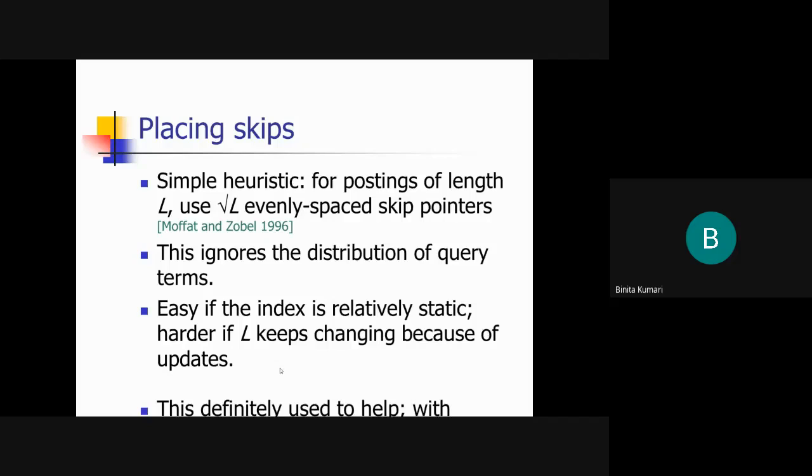Okay. So suppose the length of the posting list, meaning the total number of document IDs present in the posting list, is 16, that means total number of document IDs are 16.